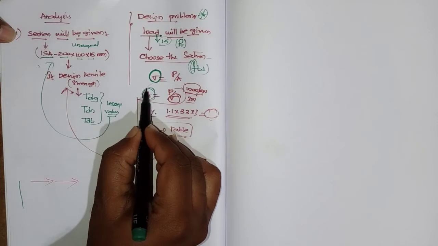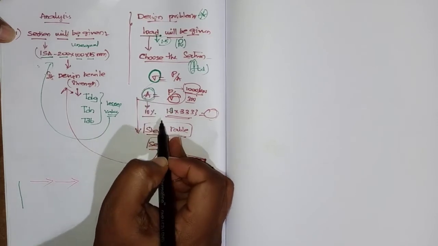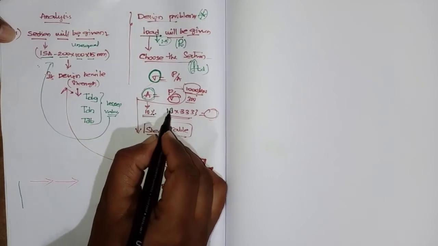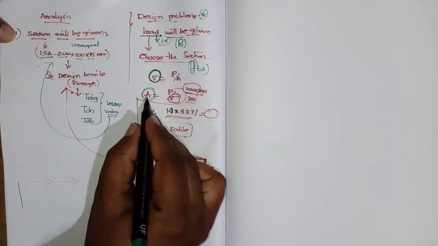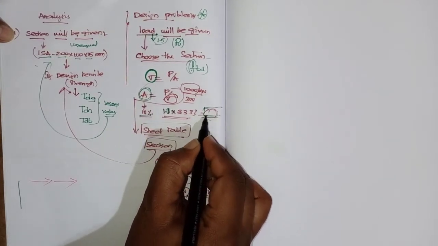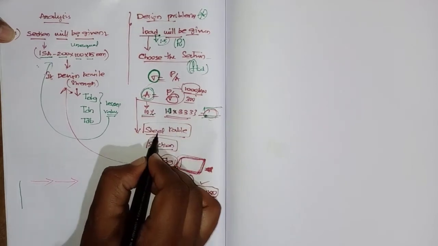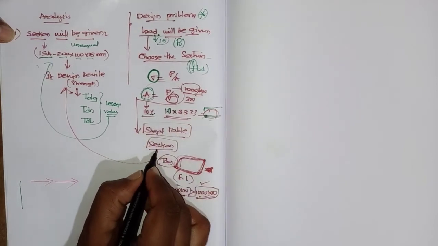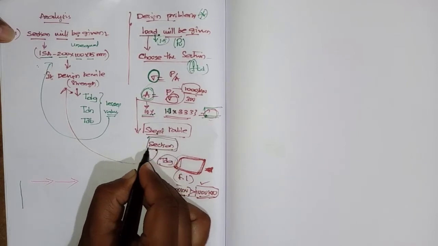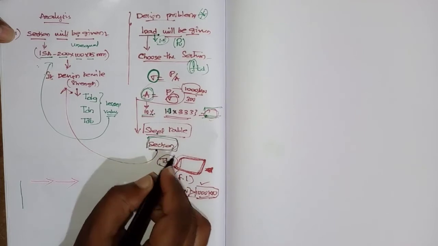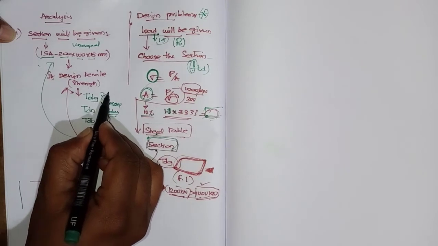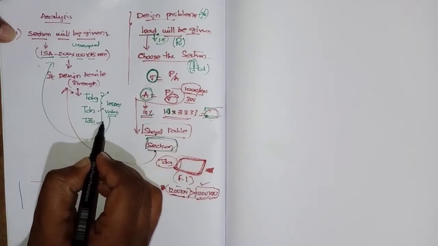To that area you add 10%, that is, you take an excess of 10% of the area, which means you multiply the value you got here by 1.1. So you will get some area. Based upon that area, from the steel table you choose the section. After getting the section, the process is the same as what we did earlier: calculating its design strength due to cross section yielding, net section rupture and block shear.